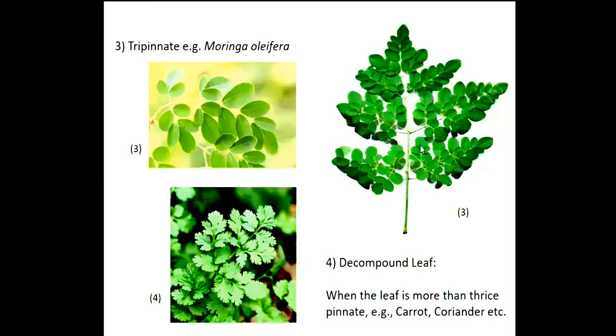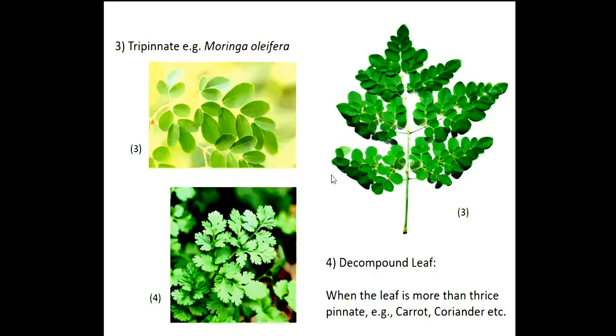The leaflets will grow from the secondary branching, number 3. This is the tripinnate compound leaf. Look closely here: this is the primary branching, and this is the secondary branching. Leaflets are grown from the secondary branches. You get the point? Tripinnate.